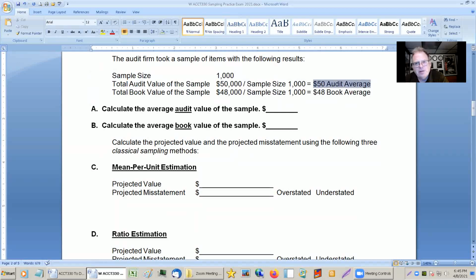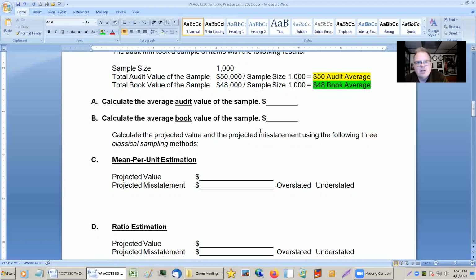I'm going to use yellow for that, and I'll use green for this. Okay. So A is what, 50? And B is 48. You guys could probably have done that in your head.